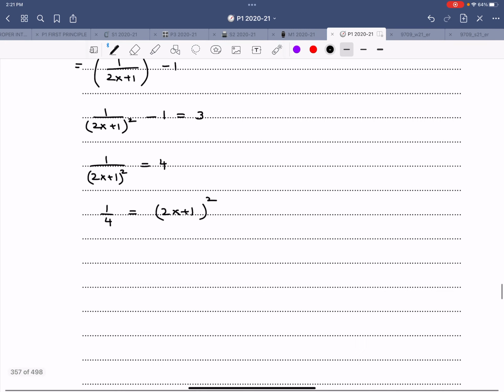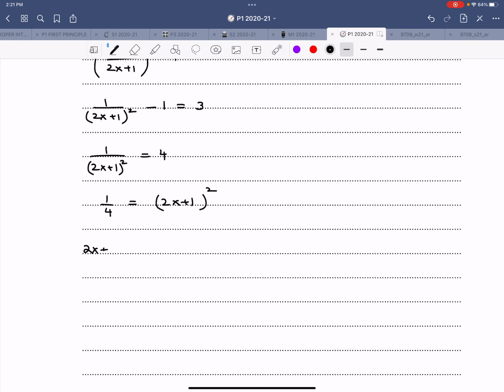Take square root: 2x plus 1 equals negative half, or 2x plus 1 equals positive half. 2x equals minus half minus 1, which is minus 3 over 2. So therefore x is minus 3/4. And over here 2x plus 1 equals half. Therefore 2x equals minus half. Therefore x comes out to be minus 1/4.